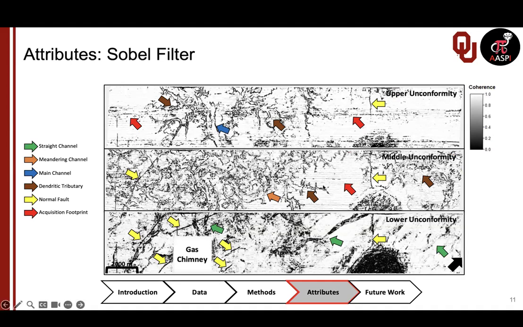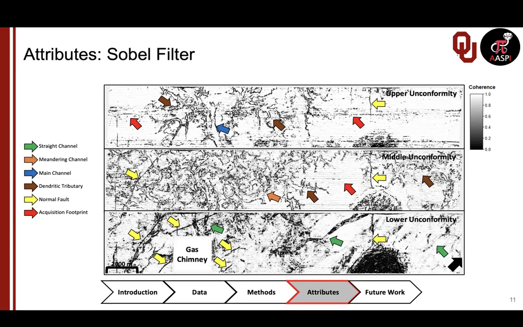So in my data set specifically, down here in this lower unconformity where we have more complex structure, I'm able to pick up more subtle faults that I was not able to see in just the original amplitude volume.